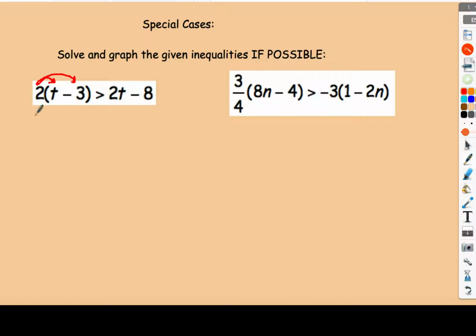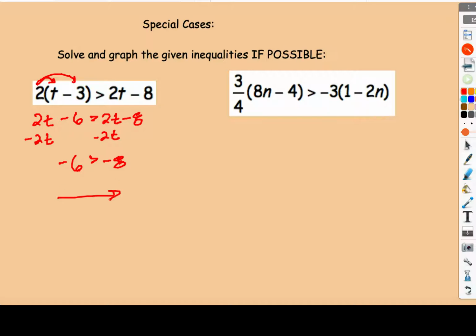If we take this 2 and distribute, and then we do a little bit of work, you'll notice that we can have inequalities, again, where our variables disappear. I would subtract those two t's so I can combine those like terms, which means that -6 is greater than -8. Well, now that's a true statement.